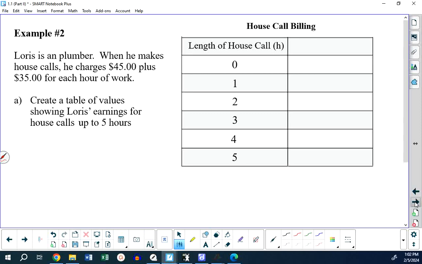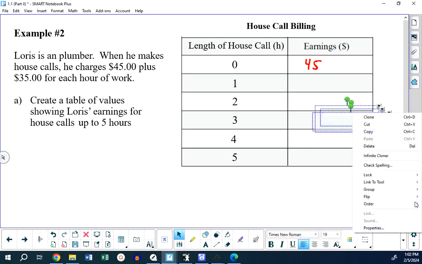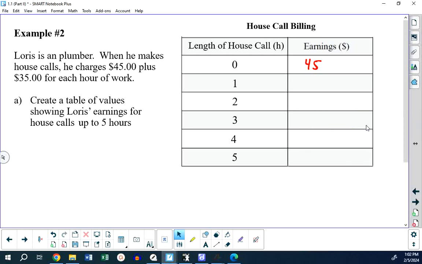So we can put here, when we complete the table, that this is $45. For some reason, I don't know why, it's hidden. That's weird. There we go. That's the earnings, $45.